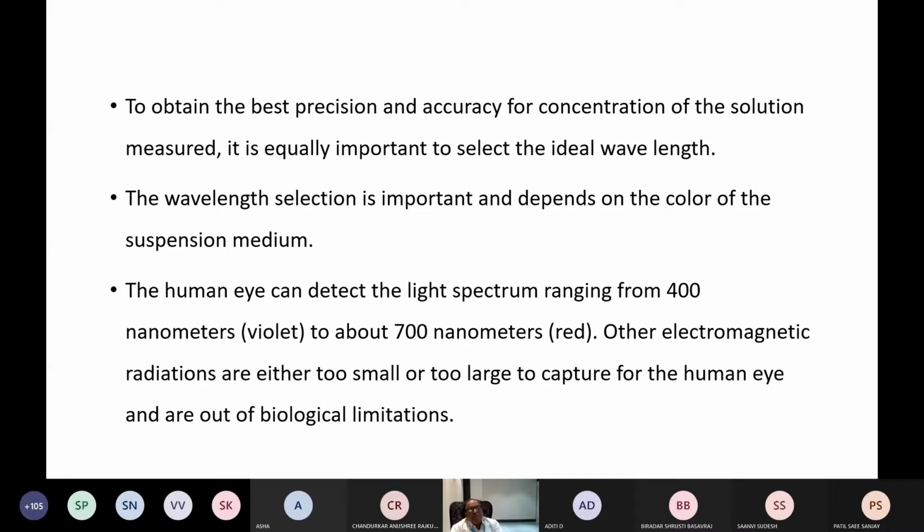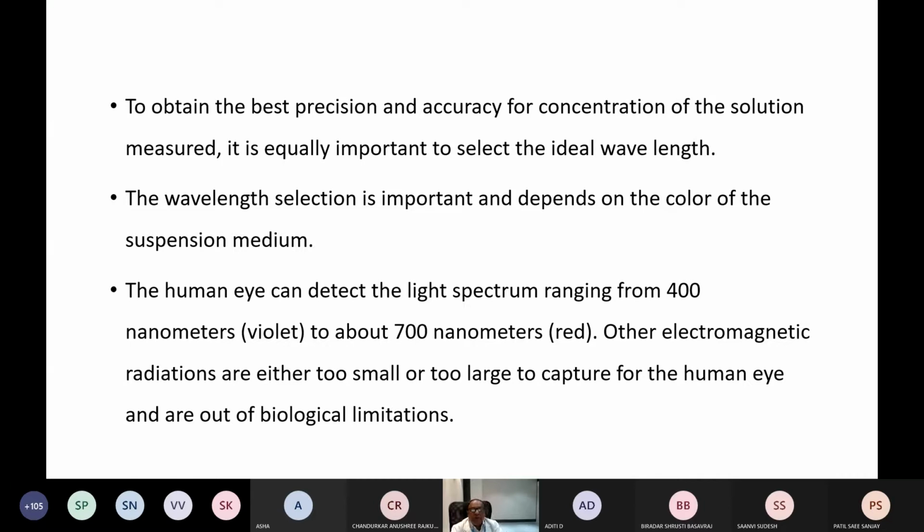To obtain the best precision and accuracy for the concentration of the solution, it is equally important to select the ideal wavelength. You will be informed which filter or which wavelength should be used, but somehow that should be found out.